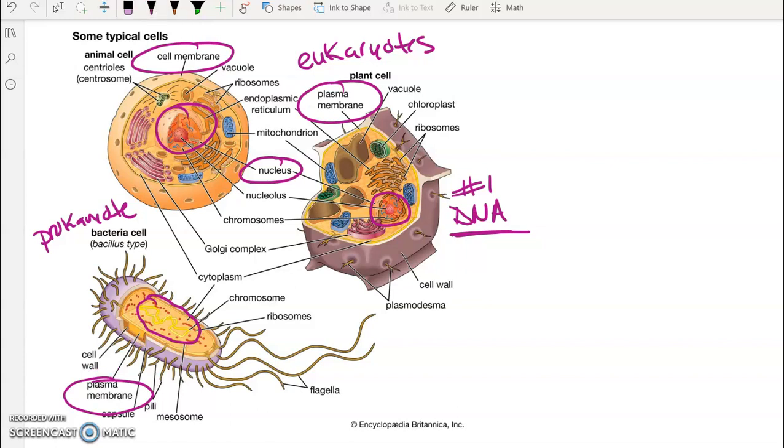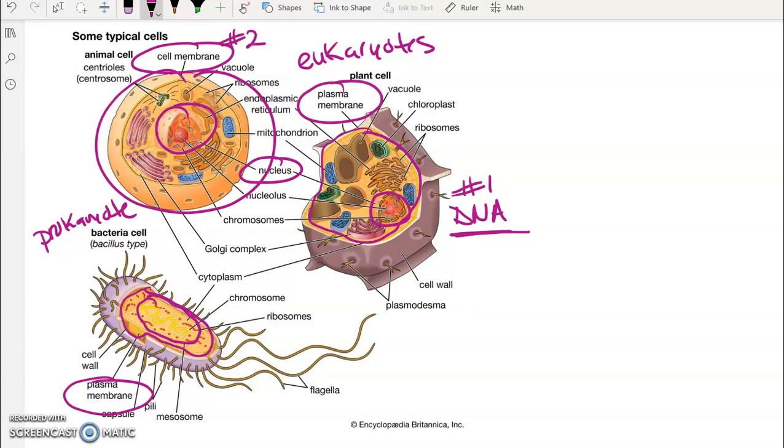But all cells have a cell membrane or a plasma membrane. That's the thing that surrounds it. And in these diagrams here, you can see it's kind of like that orangey, yellowy looking thing that surrounds the cell. Okay. So that's the second thing that all cells have.